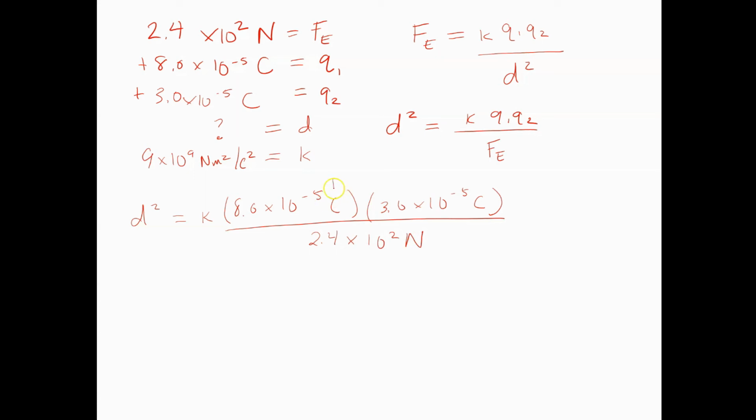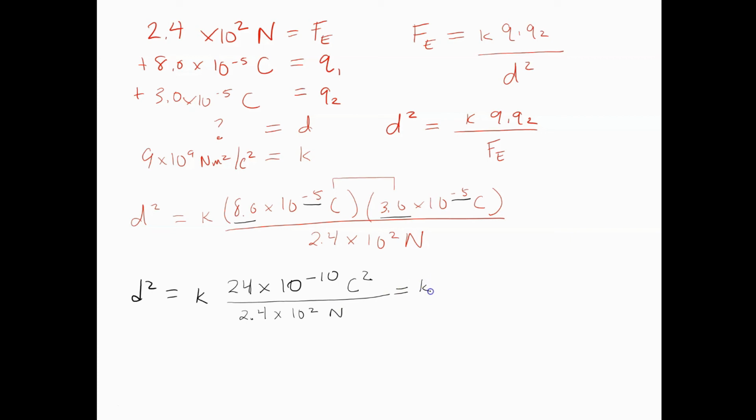Now I can go through and multiply these two values. Distance squared equals the K value, 8 times 3, 24, times 10 to the negative 5th, well, I'm multiplying, so I add the exponents, minus 10, and a coulomb times a coulomb is a coulomb squared. Then we divide by 2.4 times 10 squared newtons.